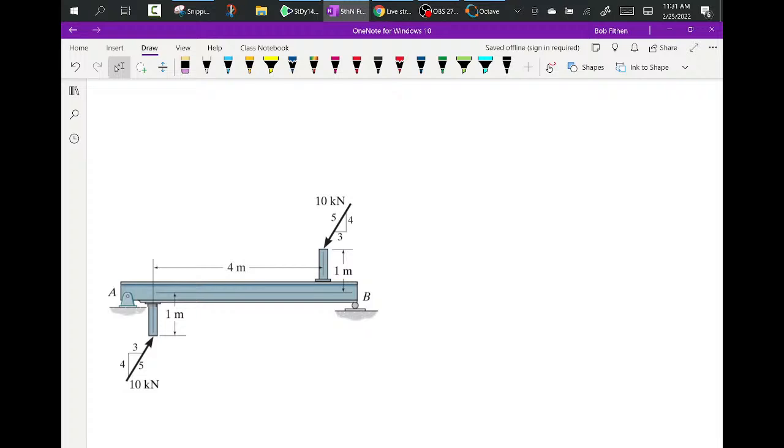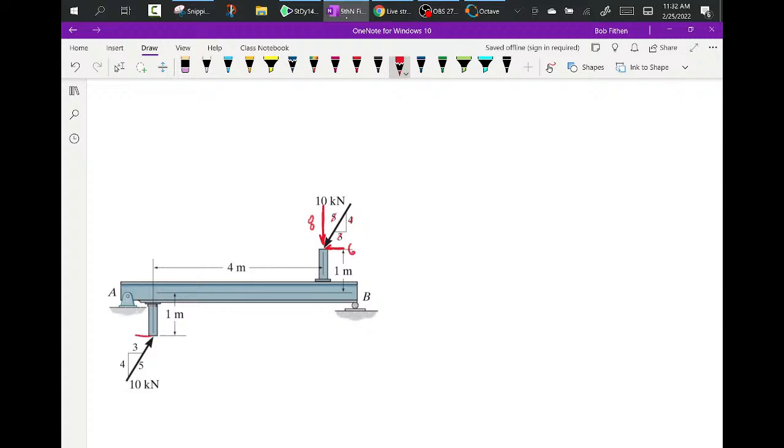So we look at this, and both of them are 10 kilonewtons. So if you wanted to, multiply this times 2, this times 2, that gives you 8, and this times 2, that gives you 6.